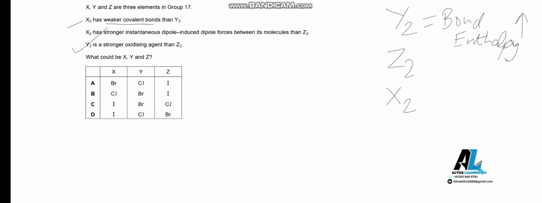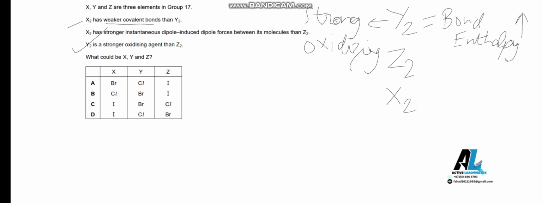So since we know that Y2 is a stronger oxidizing agent, Y2 is above Z2.